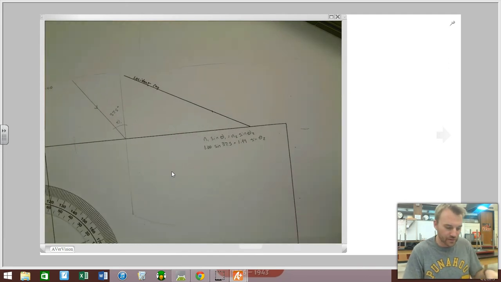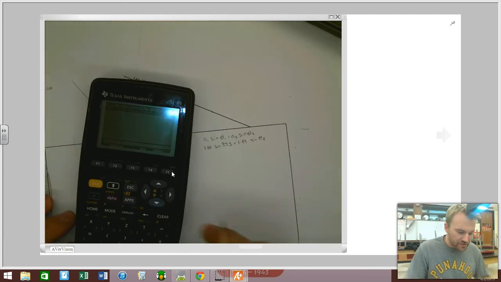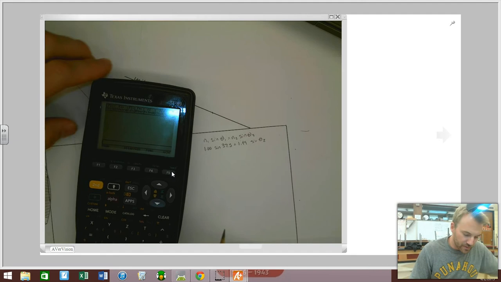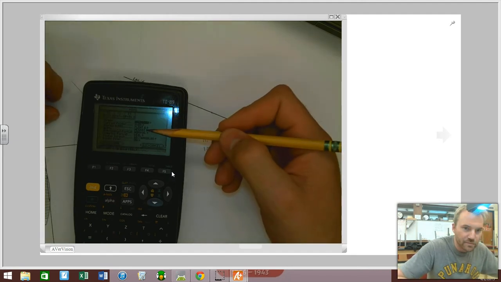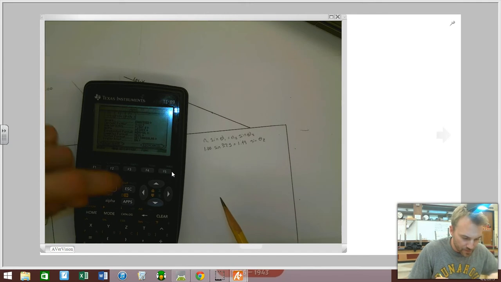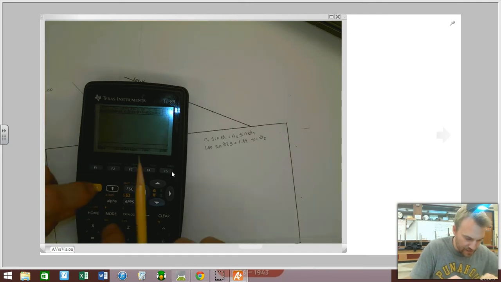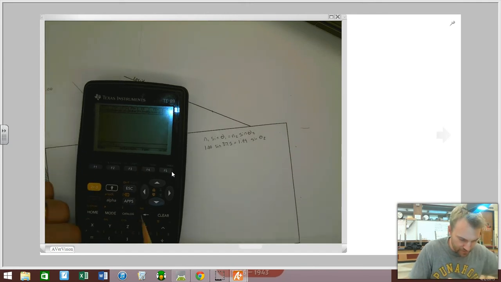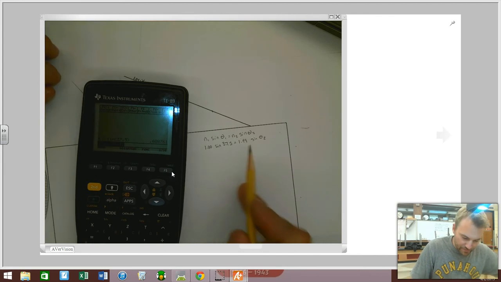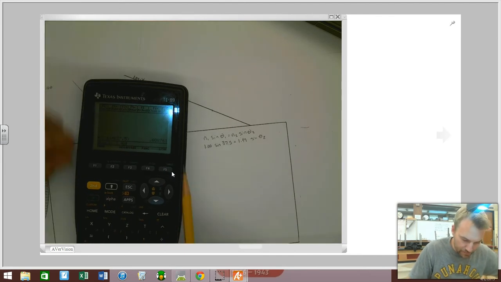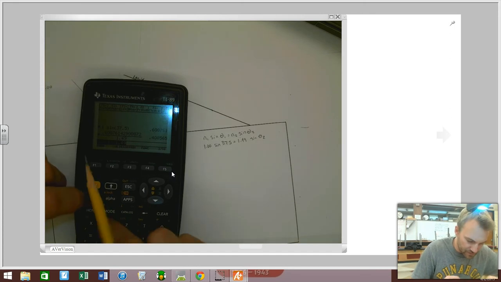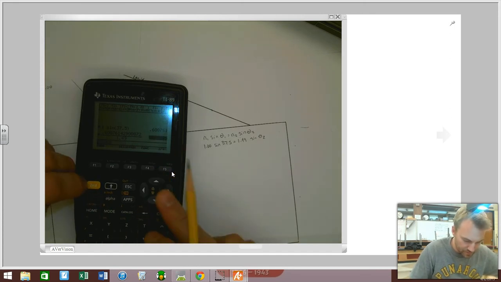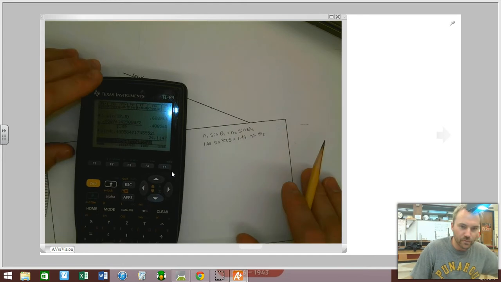So now here's where your calculator comes in. You have to make sure that your calculator is in degree mode. So you hit the mode button and you look down and make sure that it's in degree. Mine's in degree mode, so that's okay. So I'm going to take 1 times the sine of 37.5, then divide by 1.49, and then take the inverse sine of it, second function sine of my answer, and I get 24.1 degrees.